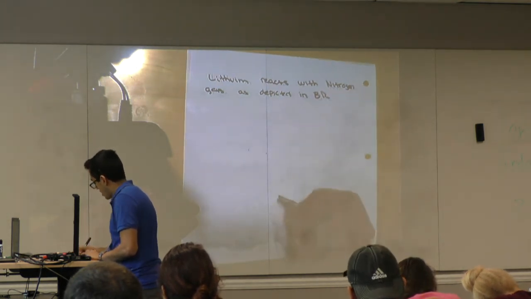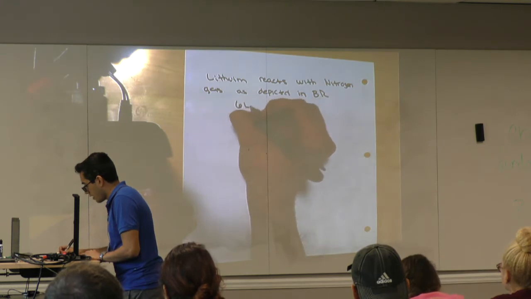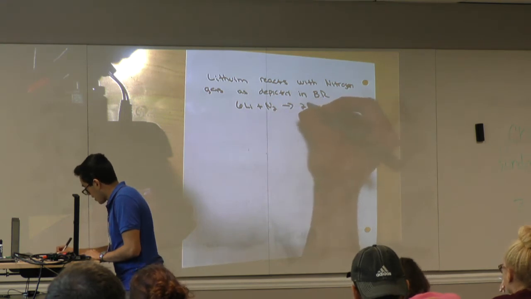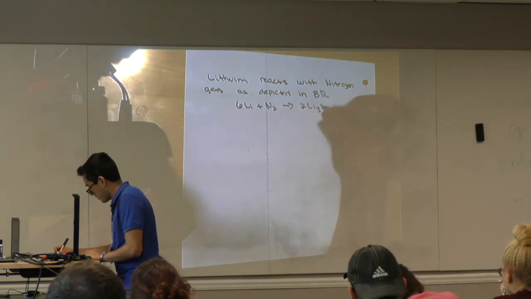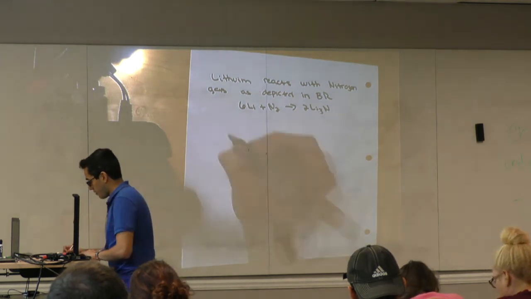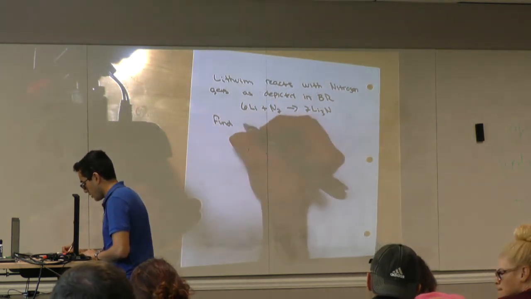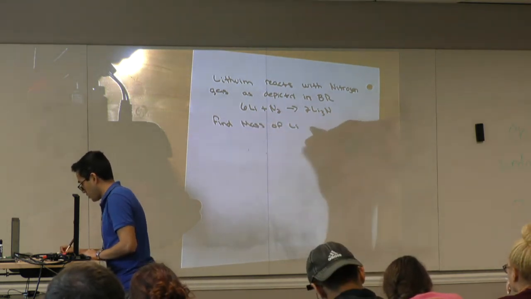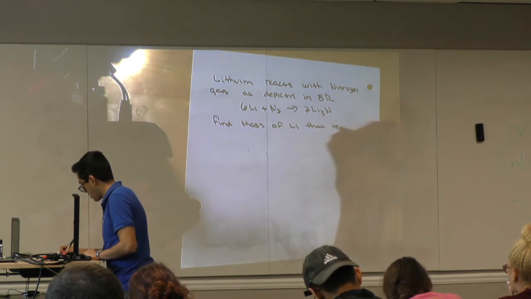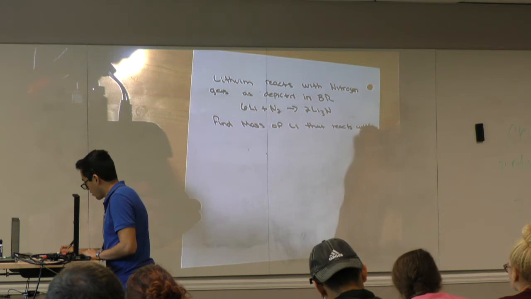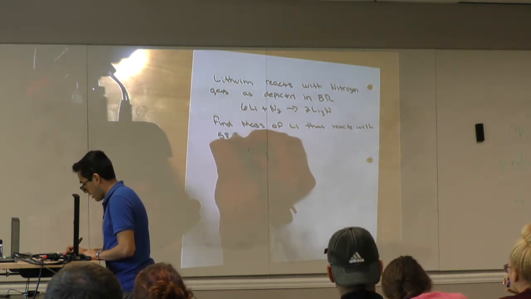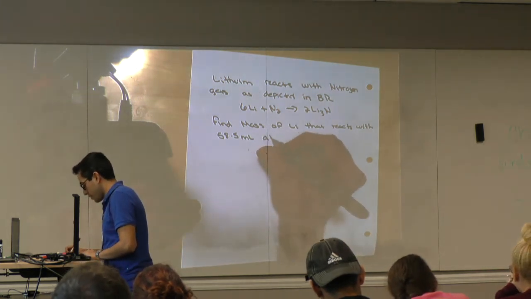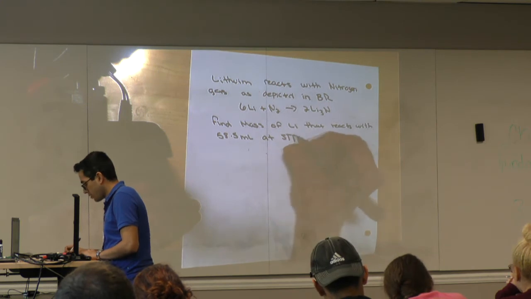So you're given 6Li plus N2 yields 2Li3N, and you want to find the mass of lithium that reacts with 58.5 milliliters of nitrogen at STP. Does anybody know what STP means?